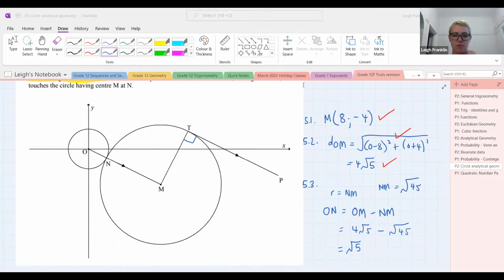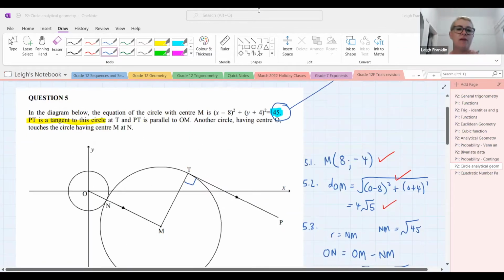Do you understand why I've worked it out this way? Sure, of course, no problem. Everybody else who does understand what's going on, just give us a second. I just want to explain this one more time. No problem, Kamogelo.